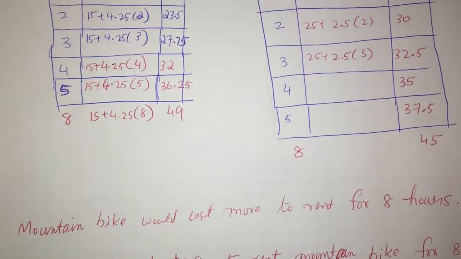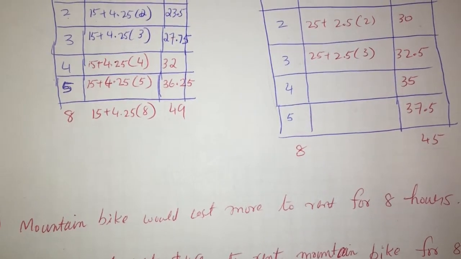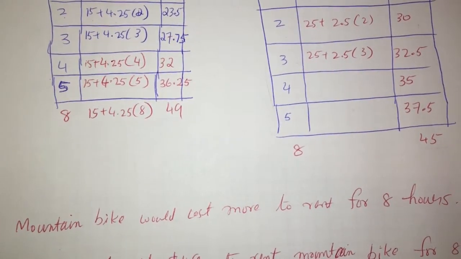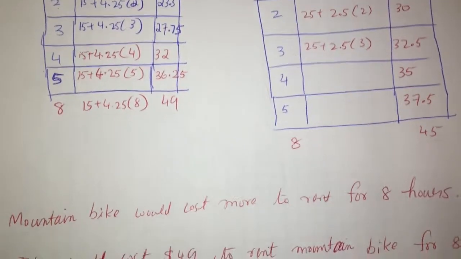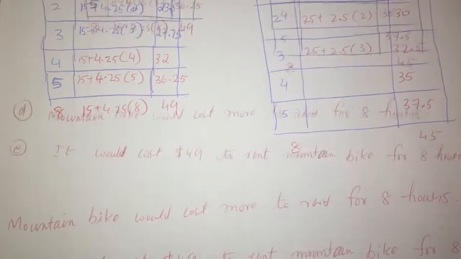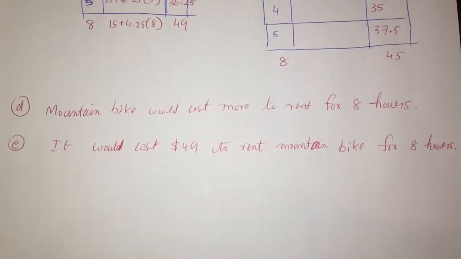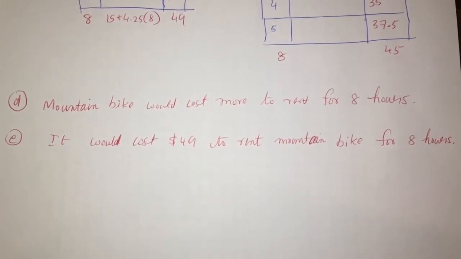The cost of renting a scooter for 8 hours is $45. So when you rent a mountain bike and a scooter for 8 hours, you would be paying more for the mountain bike. You would be paying $49 for the mountain bike. And that really answers sections D and E of question number 5.